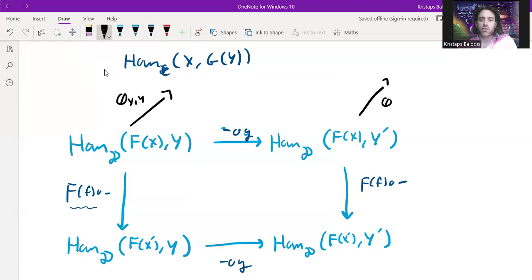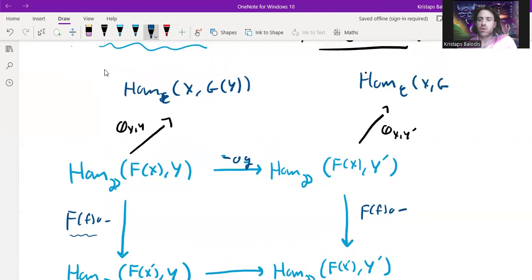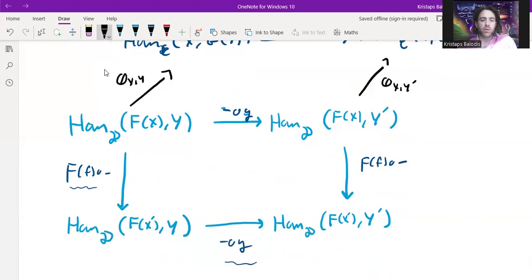This will be theta x y prime, to Hom C x, g of y prime. And now I need some way to relate these two. But by the way, I'm also going to have a couple other maps. It's going to be this theta x prime y, and down here will be theta x prime y prime, right?